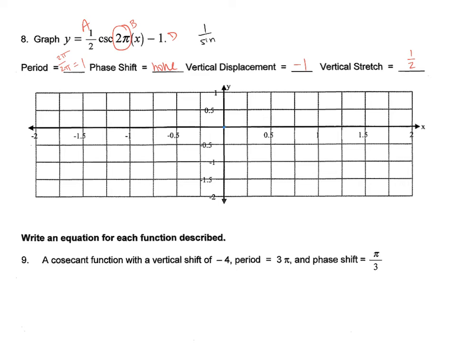With our vertical stretch, our amplitude is 1/2, and I would cycle through with a period of 1. But now, because I have a vertical displacement, all of my points shift down 1.